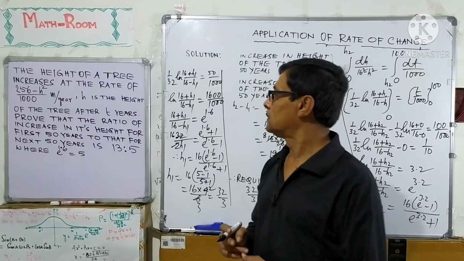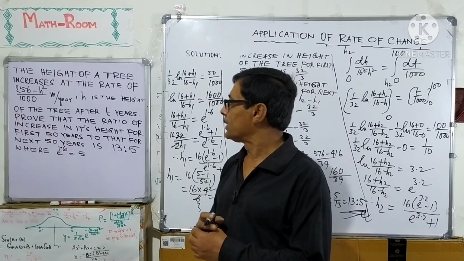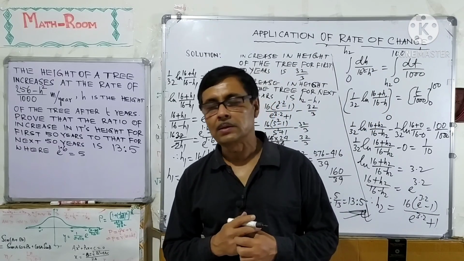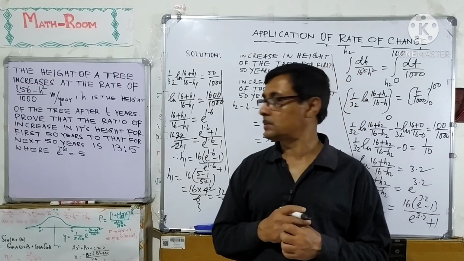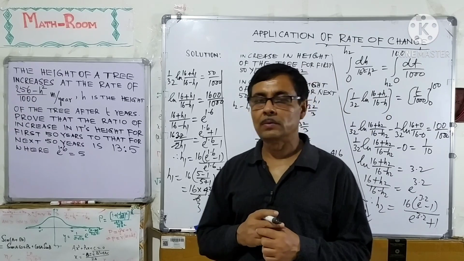We have to prove the ratio of the increase in height for the first 50 years to that for the next 50 years. This ratio is to be evaluated.